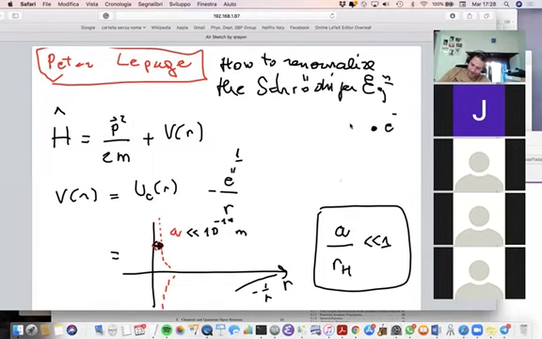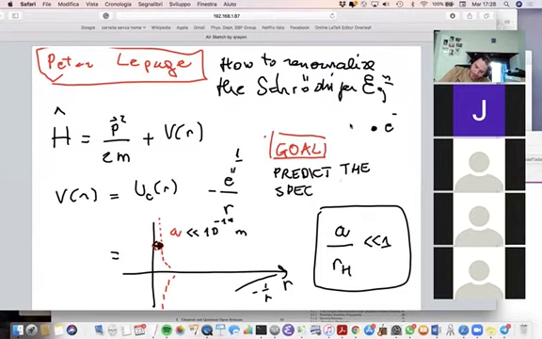Our goal, let me write it somewhere here: predict the spectrum, and possibly also the wave function you observe.